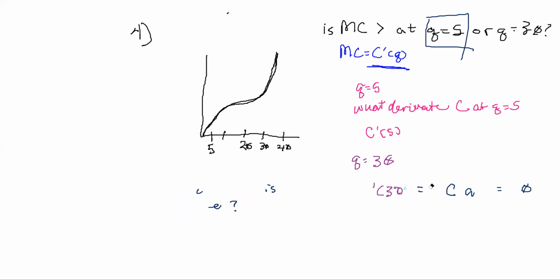Let's take a look at the other two. Does anyone want to take a guess? Q of 20 or Q of 40? Yep, okay. So we have one vote for 40. I would agree with you.